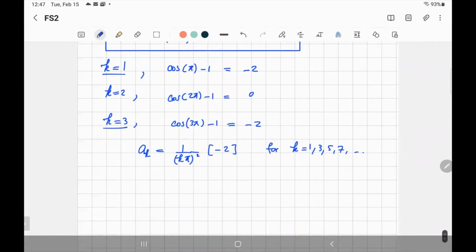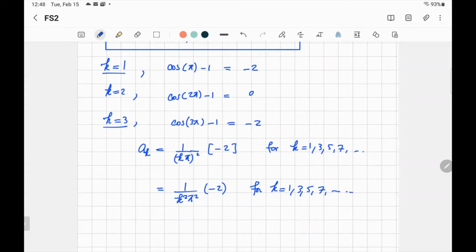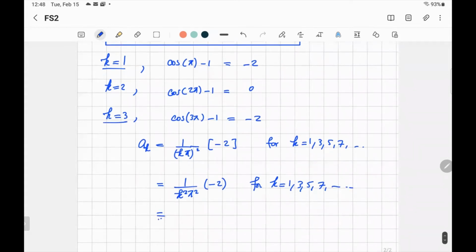You can simplify it more: 1 over k square pi square times -2, for k equal 1, 3, 5, 7, 9, and so on. There's also a given formula for that, which you can use or not. You can write -1 power k minus 1 over k square pi square. Textbooks get a little fancy and express it as -1 power k. If you substitute k equal 1, -1 power 1 is -1, and -1 minus 1 is -2. That's it.